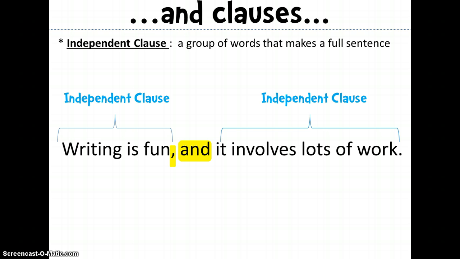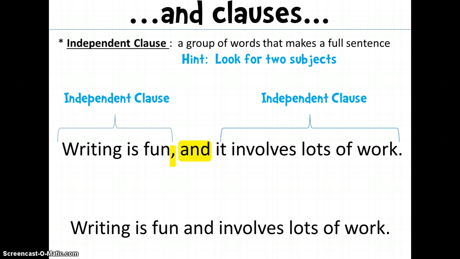Now let's look at a similar sentence. Writing is fun and involves lots of work. Well, here again we have our coordinating conjunction and we begin with that same independent clause, writing is fun. But now let's look after the coordinating conjunction. We have the words involves lots of work. It's similar to what we had before, but we've dropped that pronoun it. So now we have involves lots of work. This is not a full sentence because we're missing a subject.